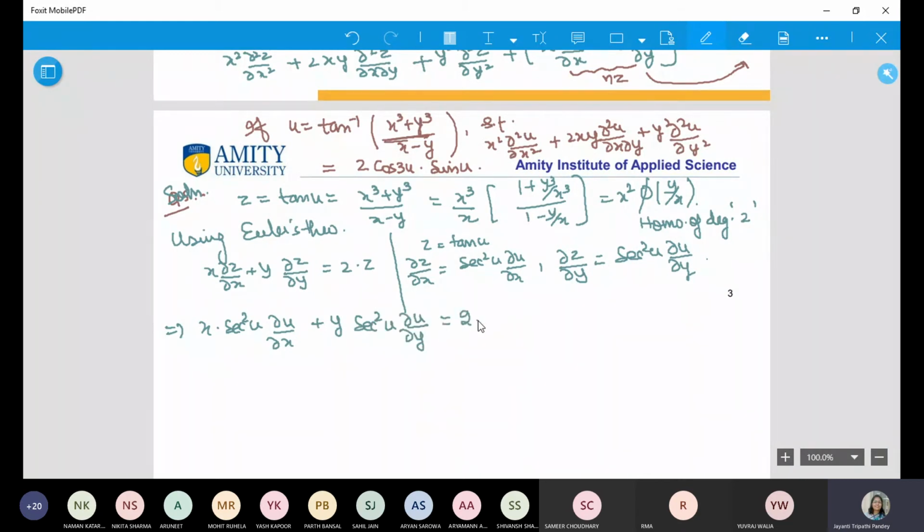Ask if you are stuck anywhere. Is this fine? Now sec²u is common. I'll put it here, and what will we get? This is 2 tan u upon sec²u, which is 2 sin u cos u, which is sin 2u.